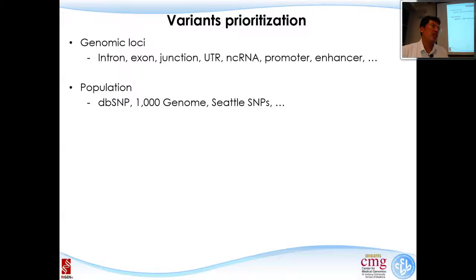A variant that is causing this disease is unlikely to be seen in the general population. If this is a very rare disease with early onset and everybody carried the variant, you wouldn't be able to identify it in the general population.